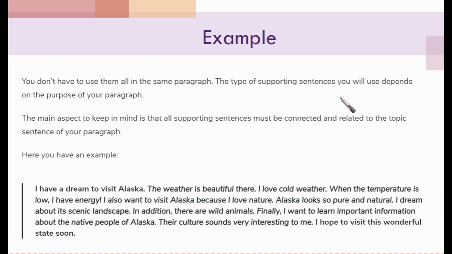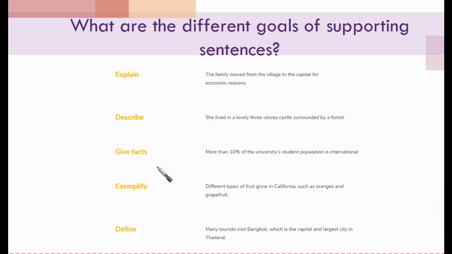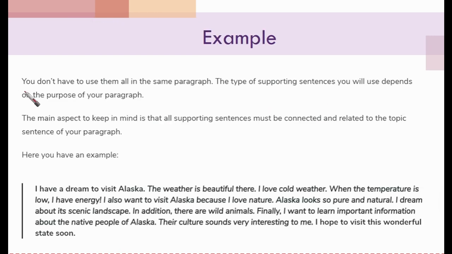It depends on the purpose of your paragraph. If you want to focus on the facts, you can give facts as supporting sentences. If you want to give the reasons for your topic sentence, you can do it. So you can freely choose your supporting sentences by your choice and your purpose.